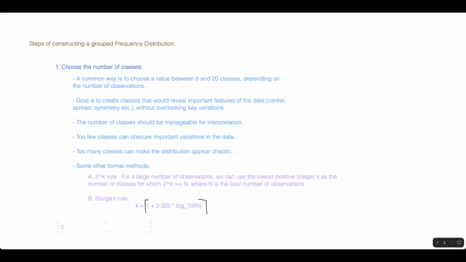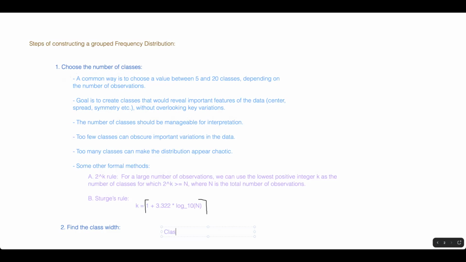Now, the second step would be to find the class width. And long story made short, we simply take the class width as the difference between the maximum and the minimum observation, and we divide by the number of classes, and then we simply round the result up.